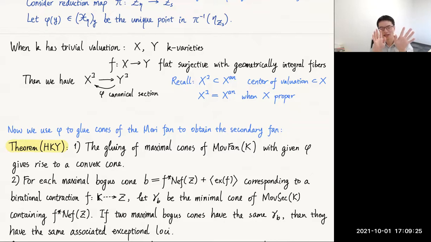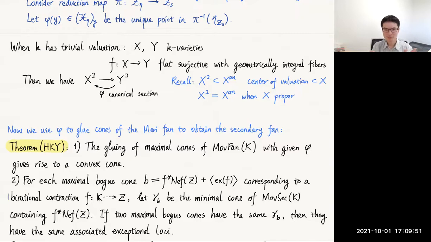If we look at the boundary of this nice moving part, the gluing of the moving part already induces some gluing on the boundary of the moving part of the Mori fan.